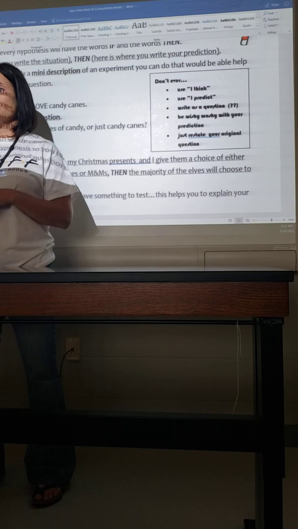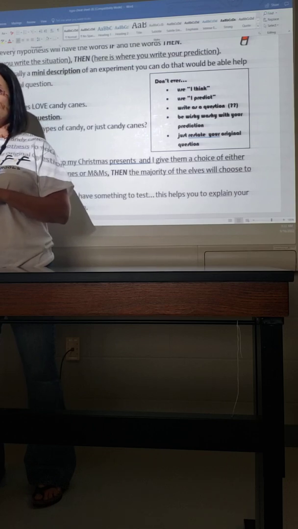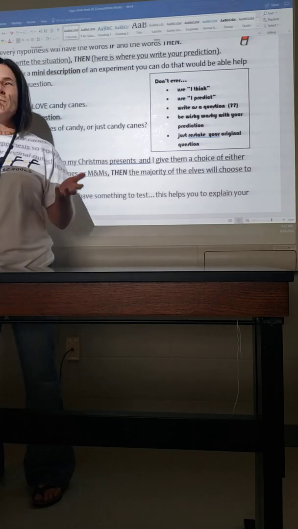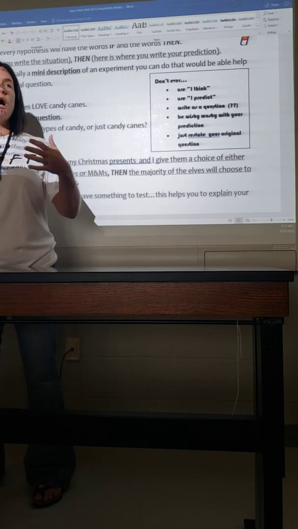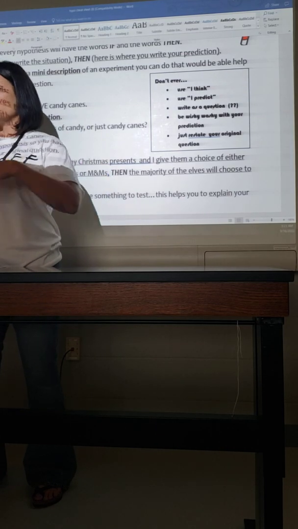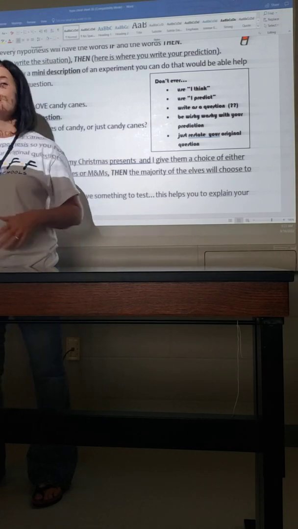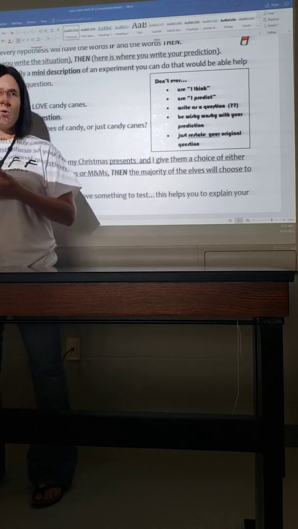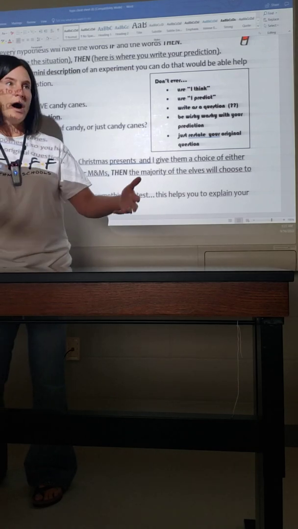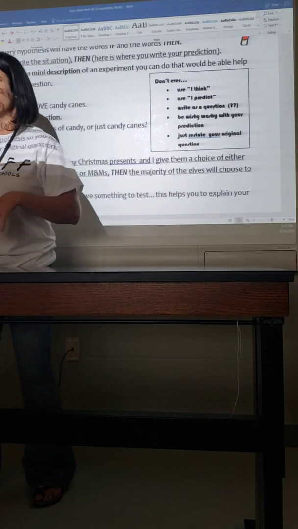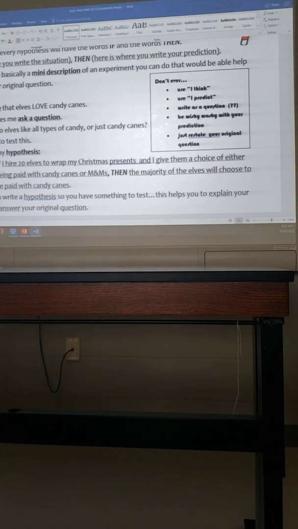So maybe I get the results that most of them chose candy canes. Well, maybe M&Ms, maybe they don't like chocolate, or maybe that wasn't a good option. So maybe I do candy canes and Skittles, or candy canes and other types of candy. So just because I learned one thing, a lot of times that's not the end of it. It's like, okay, now what? Take it another step or do something else.